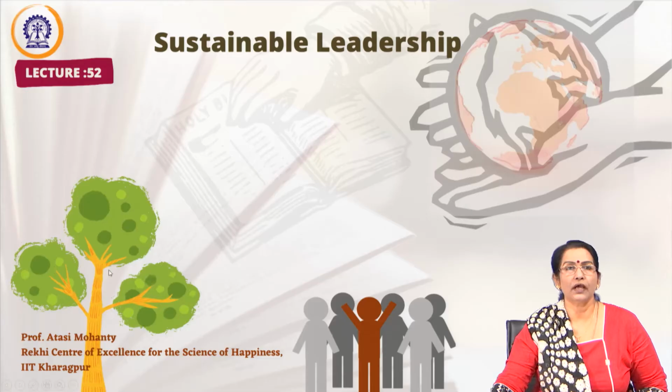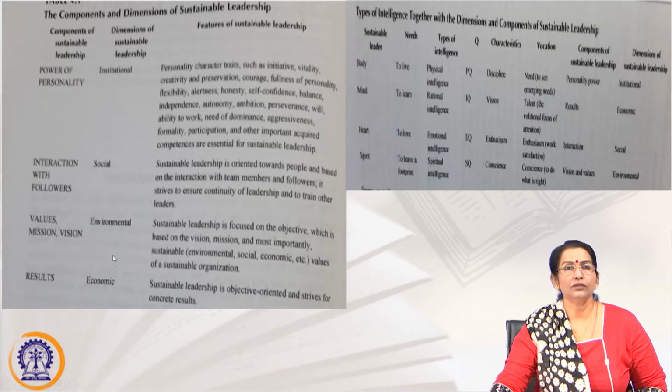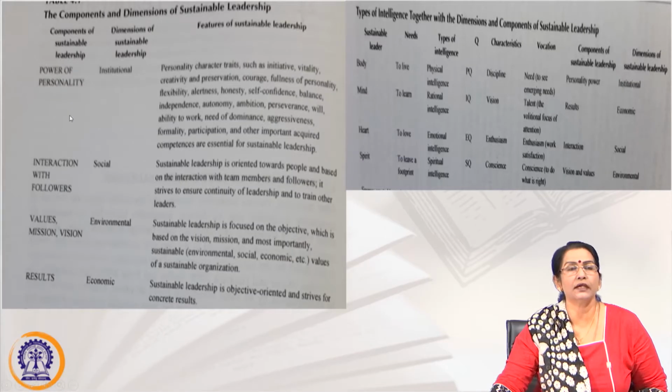To continue with that, let us have a look at the empirical studies. This is a study framework given by some researchers, with the components and dimensions of sustainable leadership: institutional, social, environmental and economic dimensions. The institutional dimension is the power of the leader's personality.